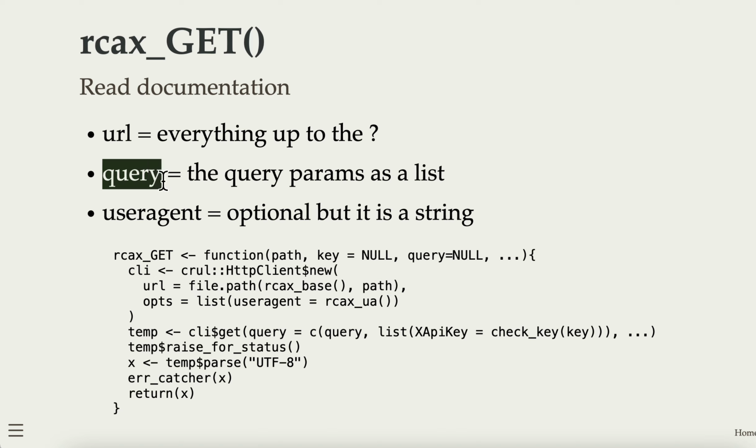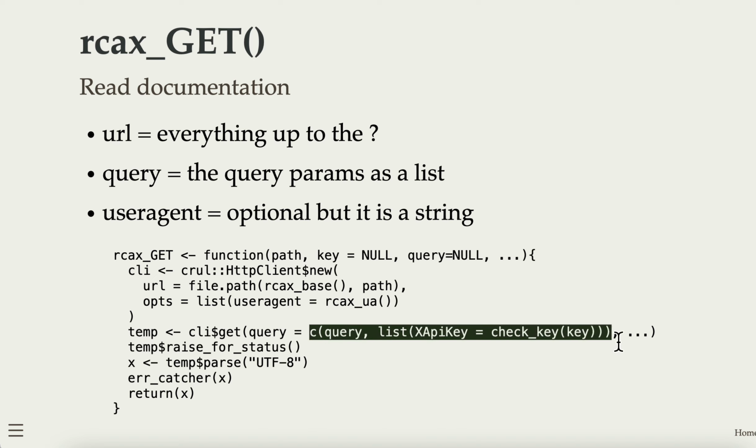Second is query. These are the query parameters as a list, and here it is, query right here. This part here needs to be a list with all the query parameters.